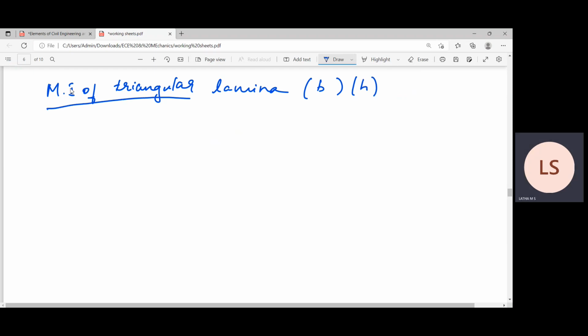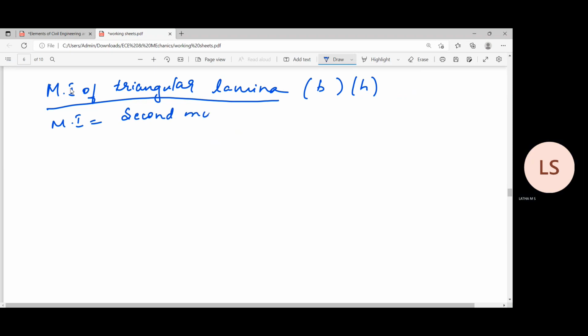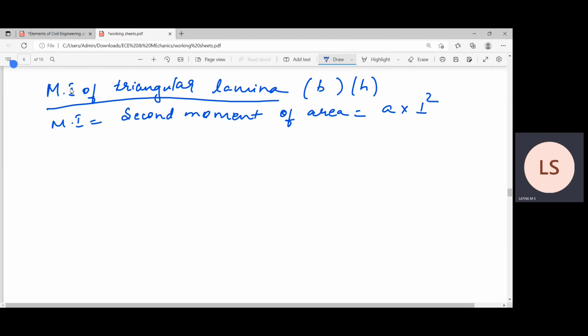Moment of inertia is also called the second moment of area. Keep in mind, second moment of area. It is nothing but area into square of the perpendicular distance.